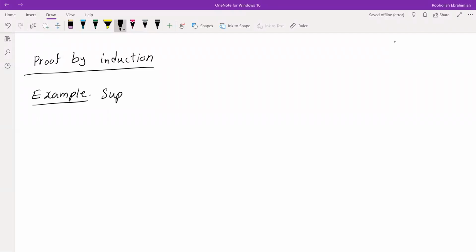So suppose k is a positive integer more than 1.